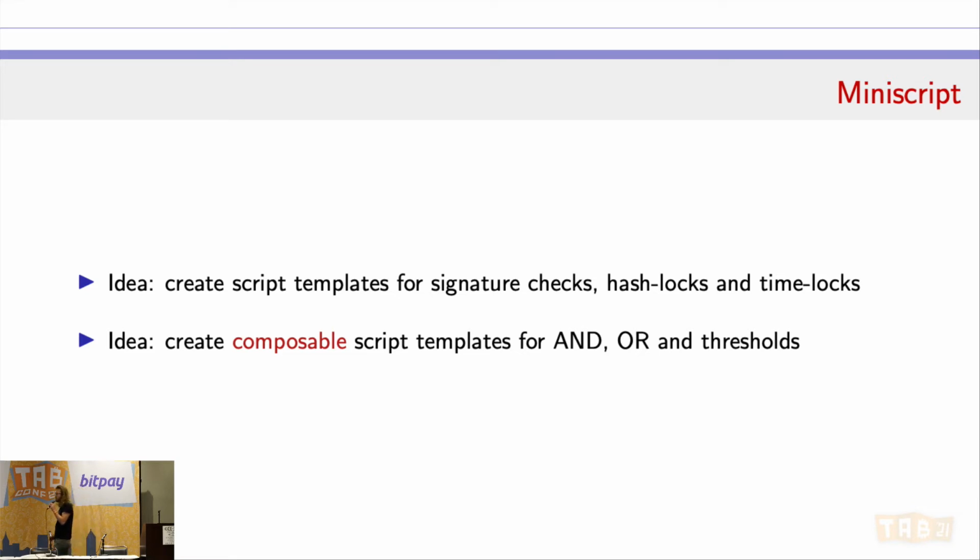And the different primitive ways that you can compose these, so you can use AND, where all of these conditions need to be satisfied, or ORs where only one of them does, or threshold, which is in between, right? You say 3 out of the 5 of these things need to be satisfied for the coins to move. And we can create these little short script templates that represent these.